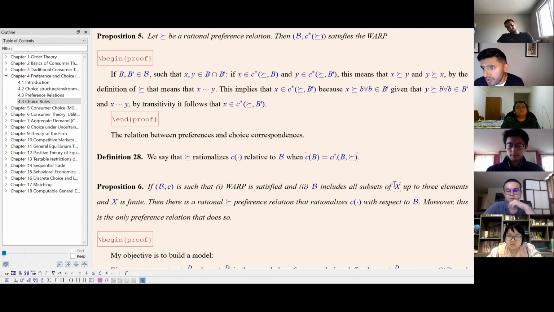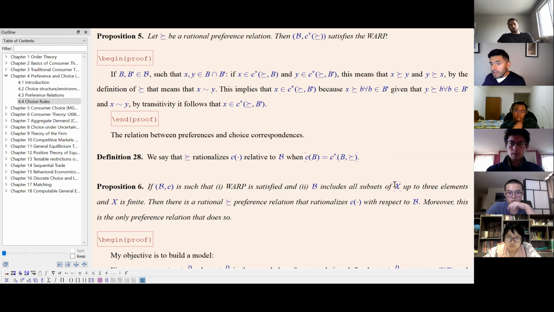So what I'm telling you is that this result in Mas-Colell is not only assuming that you have this rich data set of all tuples and triples, but also that in this particular experiment, the subject is somehow decisive enough that they will always pick something out of tuples and triples. Do you get it? If this subject is indecisive, then the subject will not be covered by this theorem.